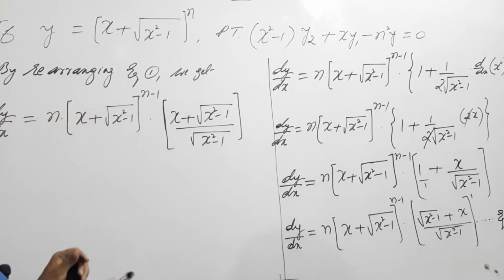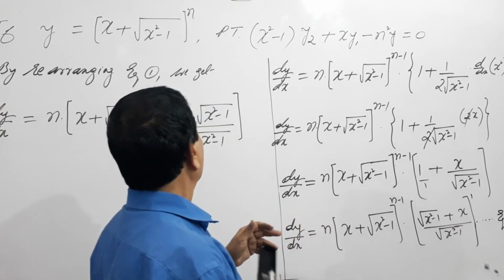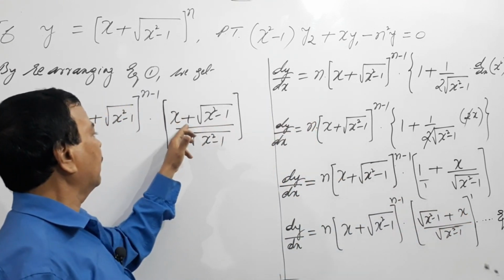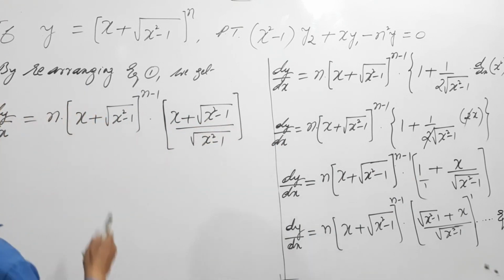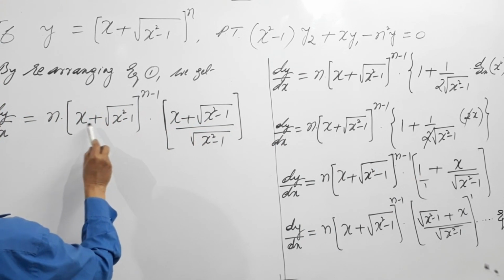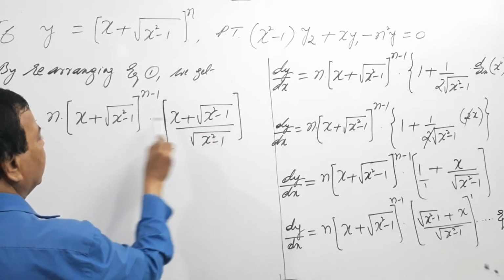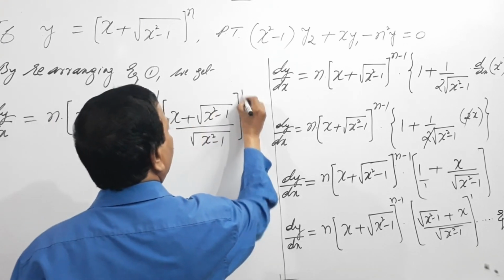Can write like this. What I have done? The same thing I have written: x plus under the root x square minus 1 by under the root x square minus 1. So why I have done this? We have here x plus under the root x square minus 1. Here also x plus under the root x square minus 1. So bases are same, add the indices. So I have taken this as to the power of 1.